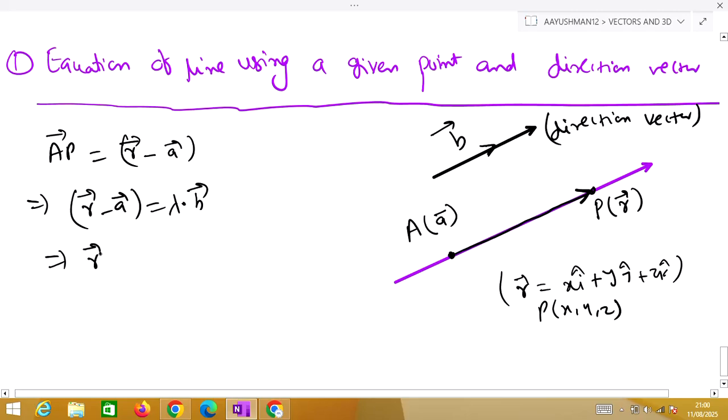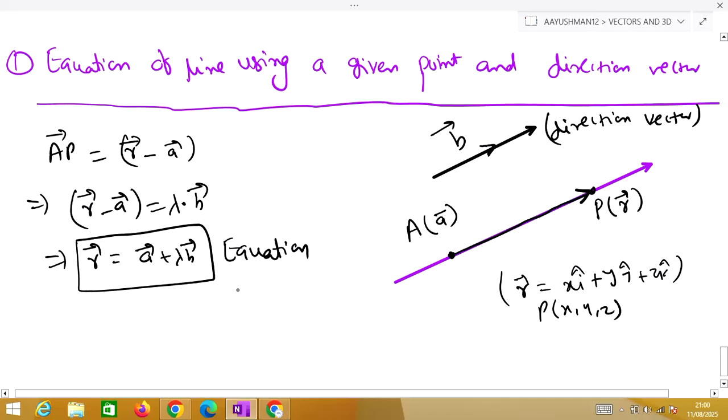So the value of r from here will be a plus lambda times b. This is the equation of line in vector form. You must remember this one. This is our vector equation of line.